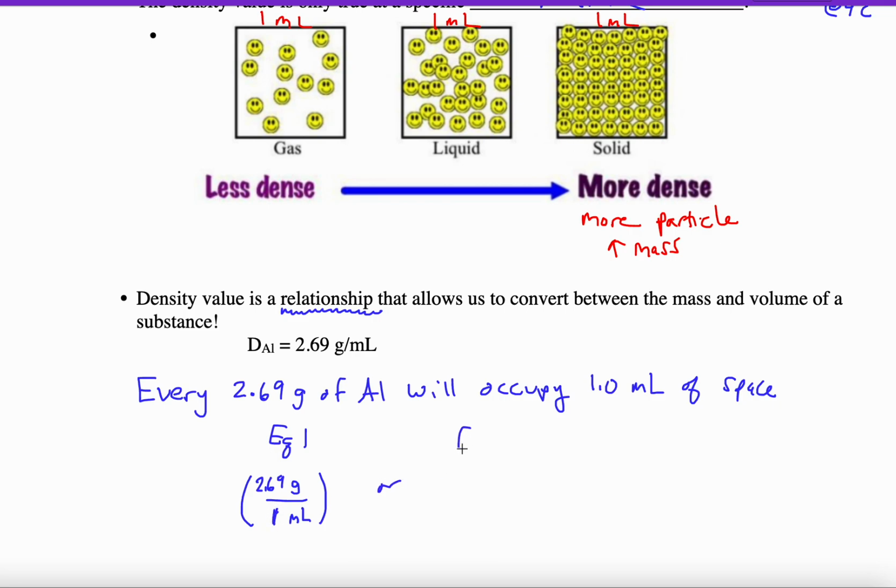Or we could use equivalence 2 that is just as true. We can go from milliliters to grams: 1 milliliter of aluminum will mass out to 2.69 grams. So it's the same equivalence. It's just which quantity we are starting in and what we are converting it to.